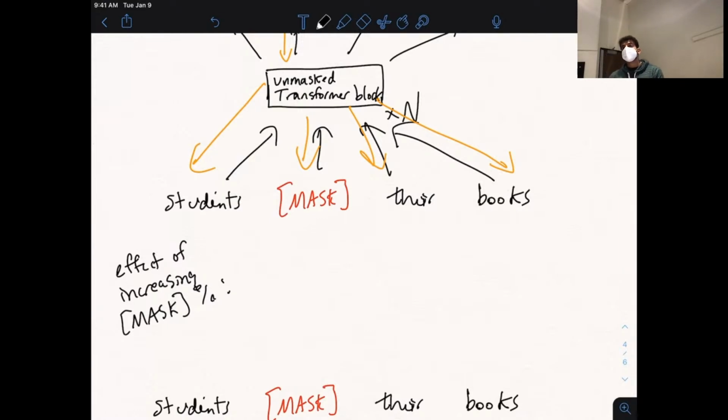So the question is, when training, do we see this training example many times? Yeah, it does depend on the size of your training set, but in general, you'll do multiple passes through your training data, and you might see this sentence multiple times and mask different words each time. And the question is, wouldn't the model memorize?